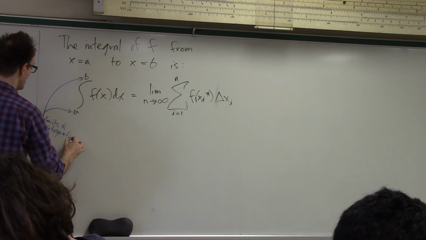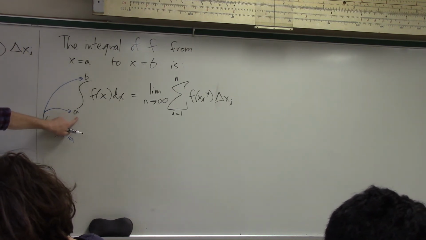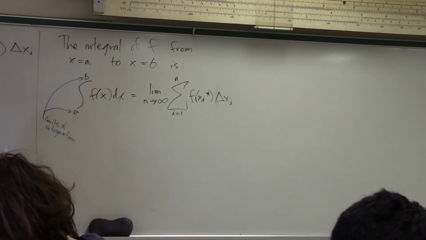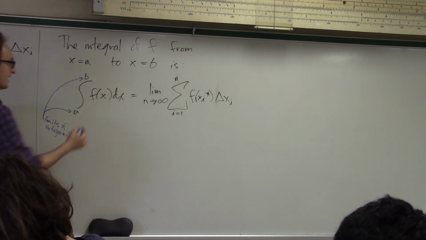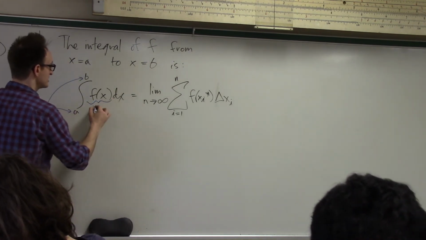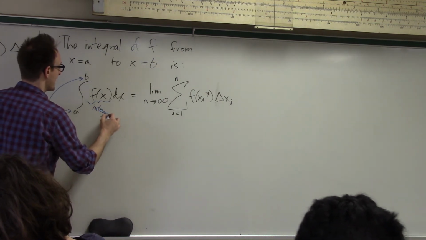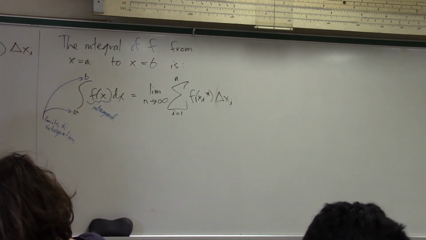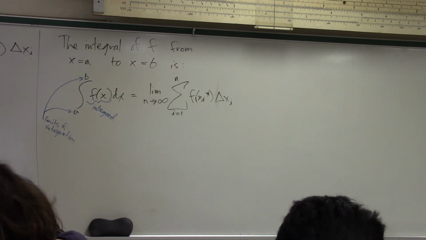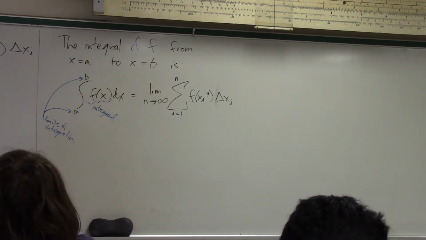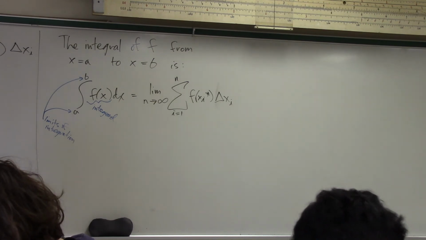They tell you where to start integrating and where to stop. This is called the upper limit of integration, and this is called the lower limit of integration. And this function that you're integrating is called the integrand. It's like Latin, a silly word. Okay, so what's going on here?